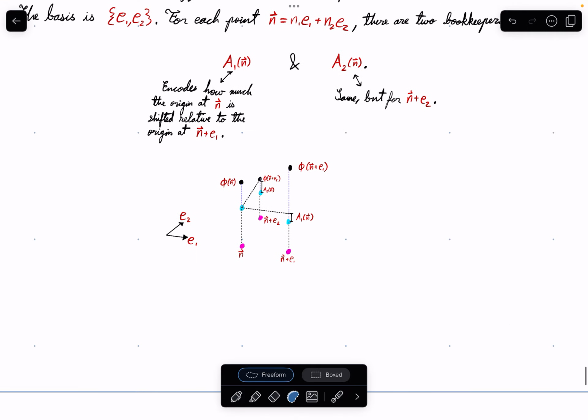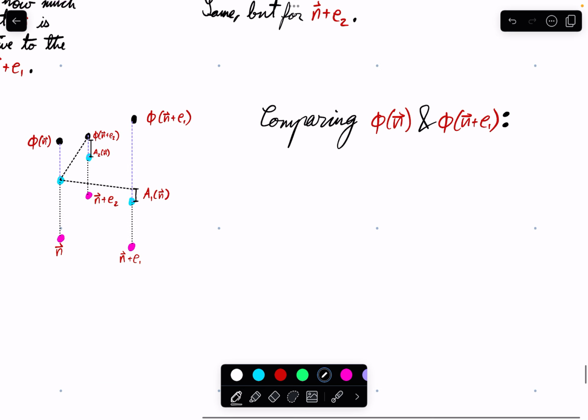So if I wanted to consider the difference between two field values, say I want to compare the difference between phi n and phi n plus e1, then let me just denote this comparison.